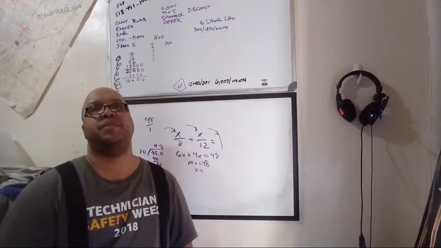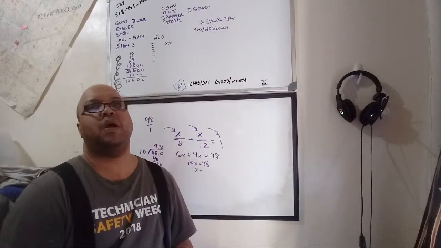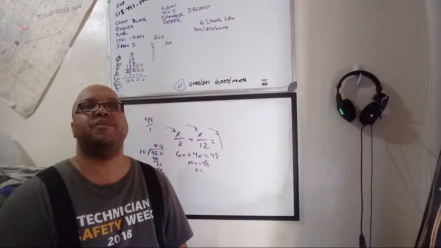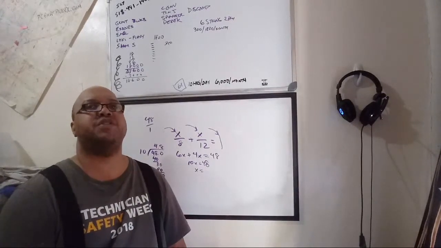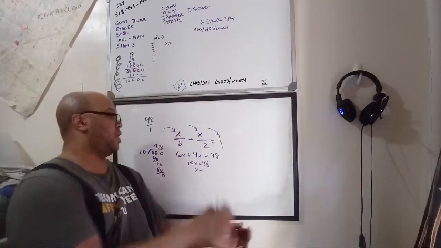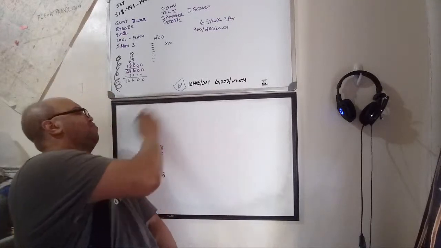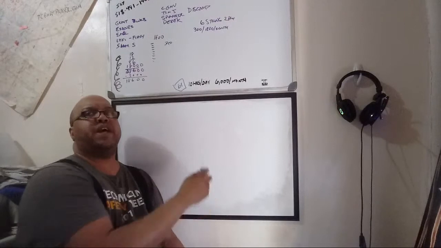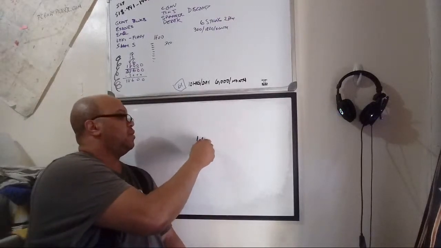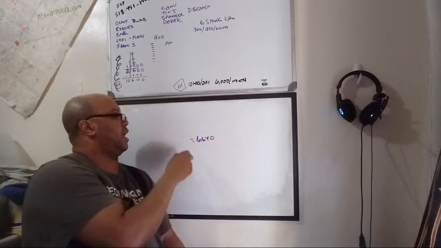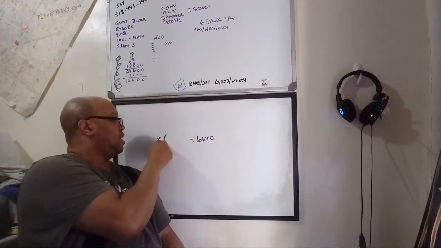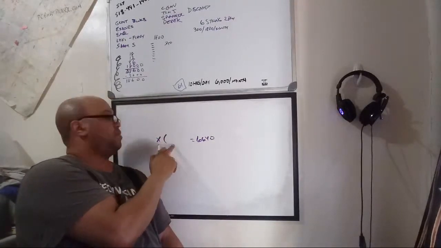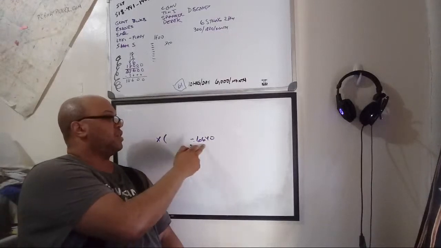You could do a little decimal conversion here, but let's get to the meat and potatoes of this. We want to raise $6,640, and it will be X, which would be the whole amount, times 3.5%, which would give us 6,640.